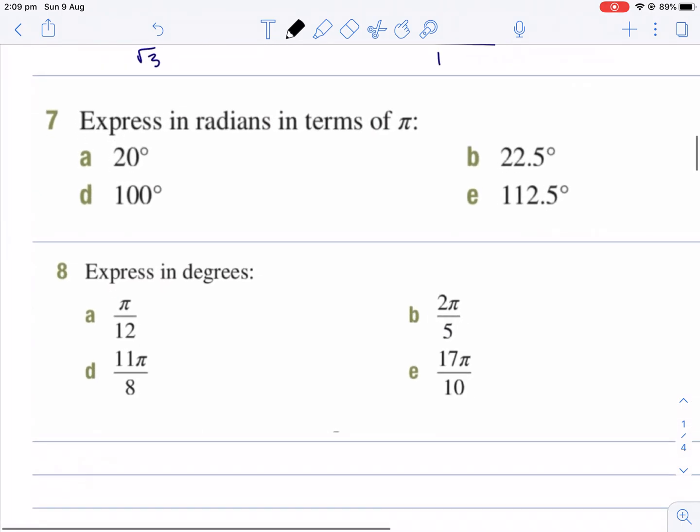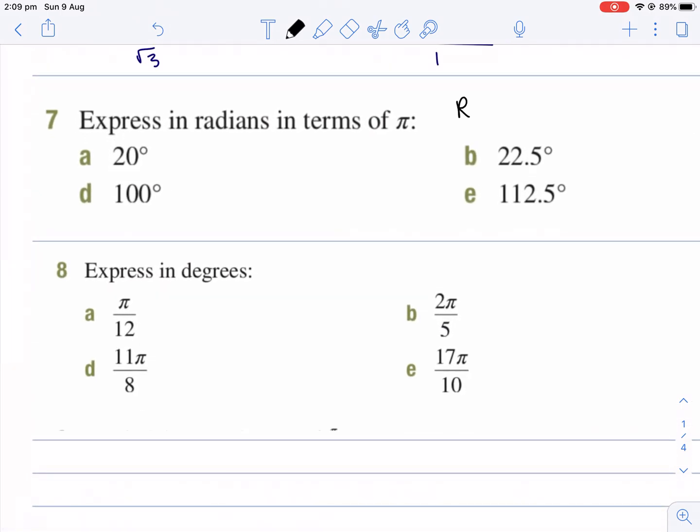Okay, these ones express in terms of pi. Now, if you're turning degrees into radians, you're going to times by pi on 180. So we've got 20 times pi on 180, which express in terms of pi.